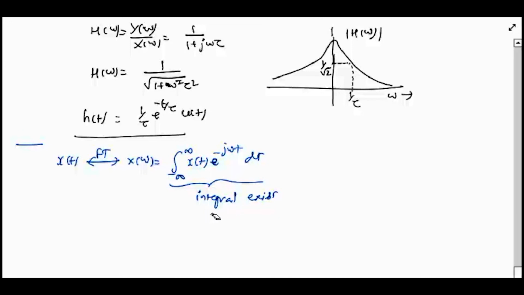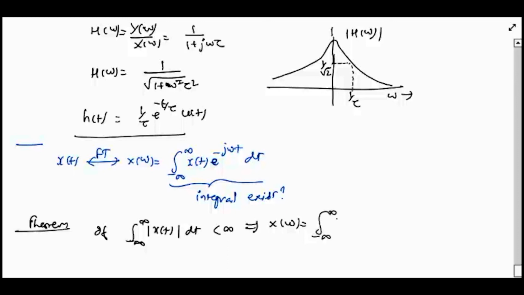First, we will state a result that ensures existence of this integral. Okay. So here is a theorem that says that if the integral from minus infinity to infinity of mod of x(t) dt is finite, then this integral exists.